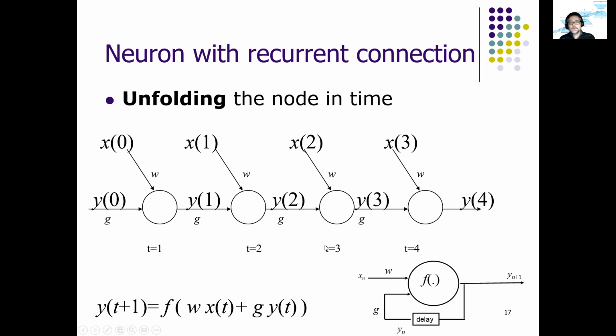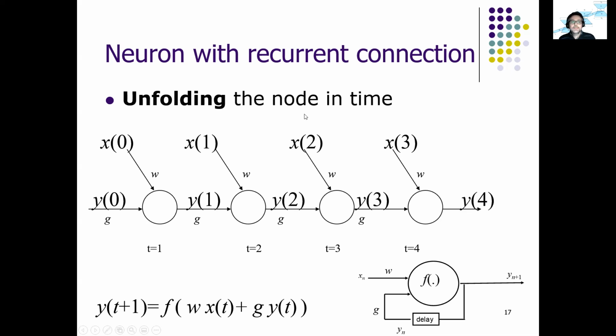And we go like that. At time 3, we produce another output, which takes into account the new input plus the previous state. And then at time t equal 4, the fourth time step, we can produce the output of the node.